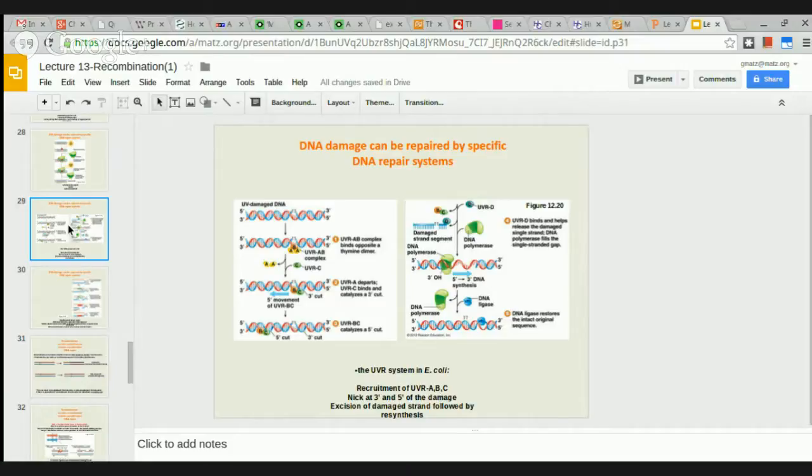In E. coli, you have a set of proteins that are recruited, UvrA and UvrD. There's a formation of a complex on the damaged strand, which would be the blue strand in this case, and a movement of UvrBC upstream of the damage, another nick is made, the whole strand is excised, and DNA polymerase will fill the gap, and ligase will come in.